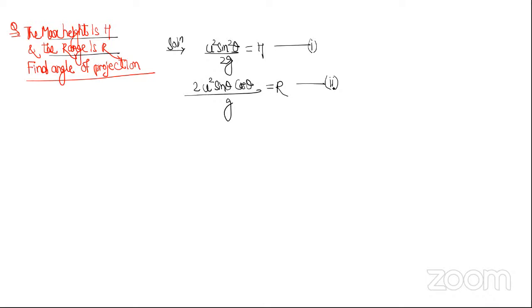Both equations have u square, so let me divide equation 1 by equation 2 so that u square gets cancelled out, g also gets cancelled out, one sin theta also gets cancelled out. So you will have tan theta by 4 on left hand side, right hand side you will have h by r. So this comes out to be tan theta equal to 4h by r.